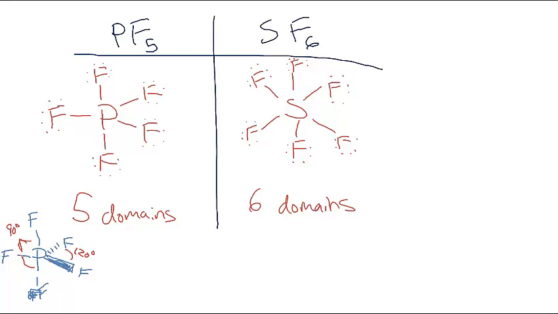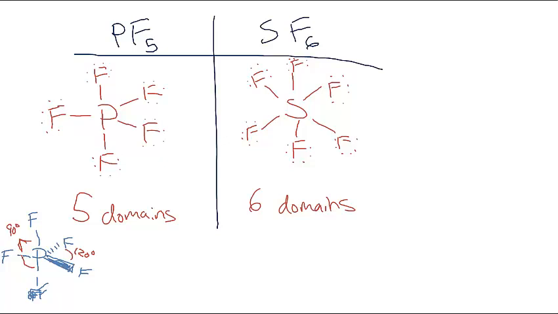On the other side, we have an F going towards me and an F going towards you. So this angle here is 90 degrees everywhere. But if I flip it and rotate it 90 degrees, the angle between all the ones that were previously on the plane is 120. So that's how you maximize the distance between these in a 5-domain molecule. That's why it's most confusing.